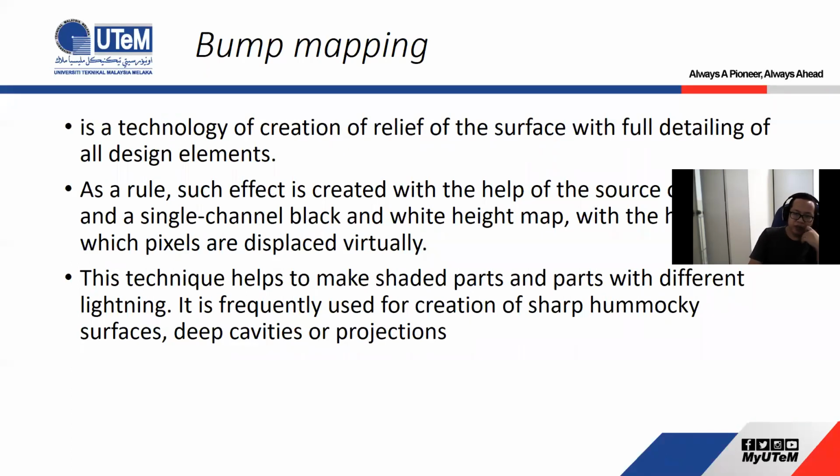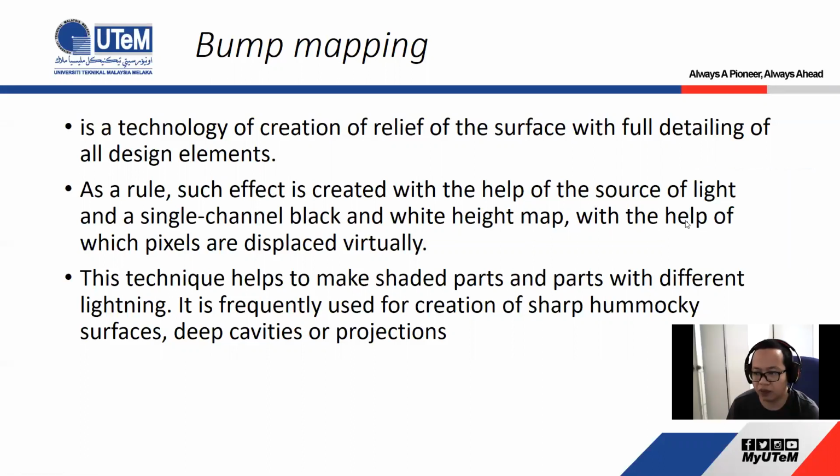Bump mapping is a technology of creating relief of the surface with full detailing of all design elements. I will show you later in Inventor. As a rule, it is created with the help of a surface of light and a single channel black and white height map, with the help of which pixels are displaced virtually.